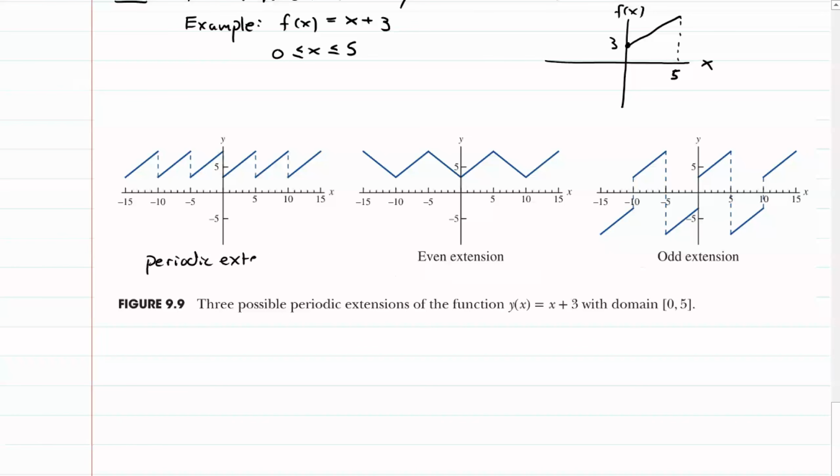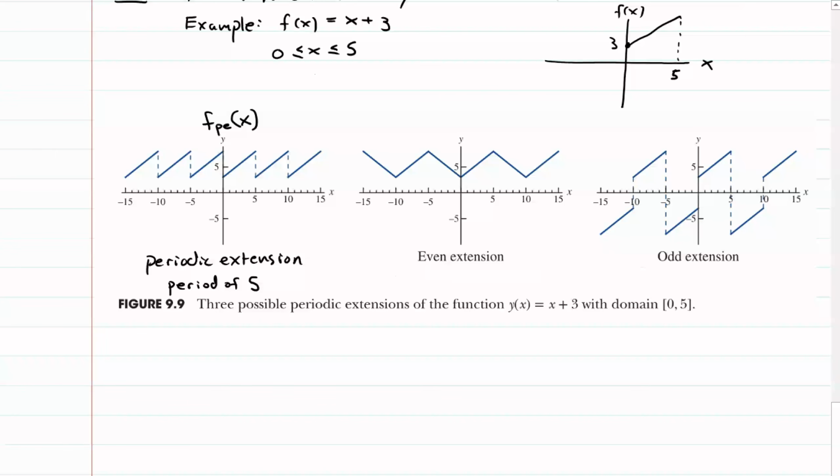If I called the original function f of x, I'm going to call this one f PE of x, the periodic extension. Notice that this one has a period of 5. The period here is exactly the same as the original domain between 0 and 5.